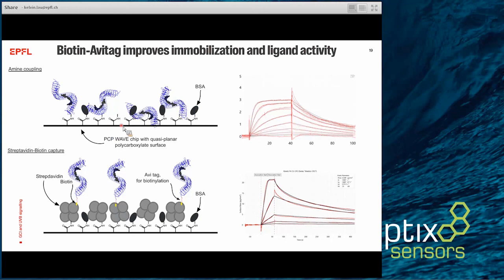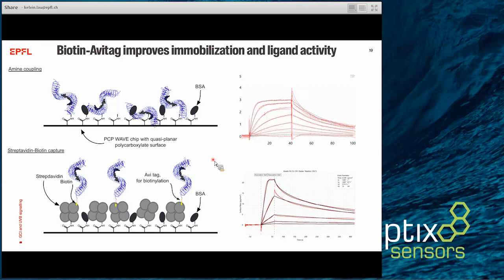And we believe this is much better than direct amine coupling of an extracellular domain, because as you can imagine, if you have something very big, in particular like this receptor, you can couple the receptor onto the chip in many different orientations or couple it multiple times, which then reduces the activity of a receptor, decreasing signal when it does see its ligand, but also the quality of the final kinetic curves.